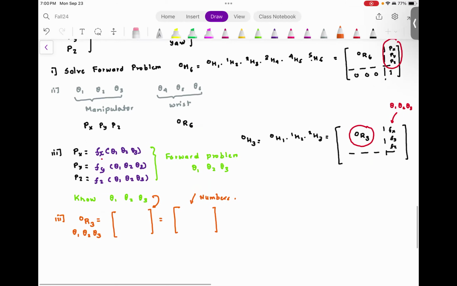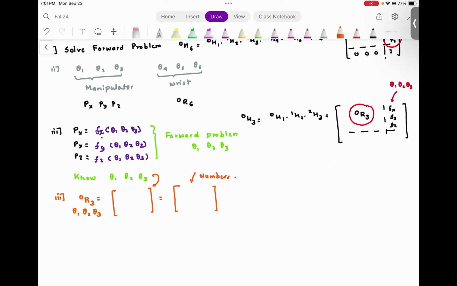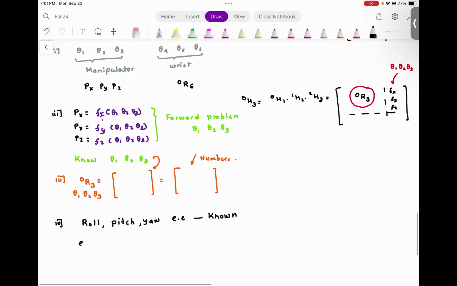Now, here comes the last part. In the last part, you have roll, pitch, and yaw of the end effector. This is known. So you would use the MATLAB command eul2rotm and you will substitute the roll, pitch, yaw and find out this 3x3 matrix in numbers.